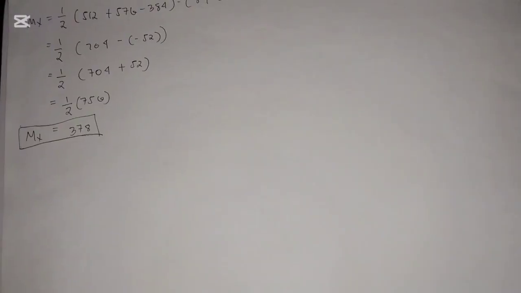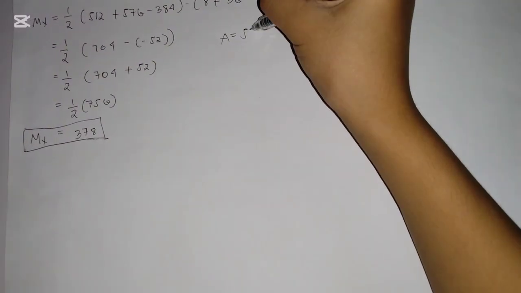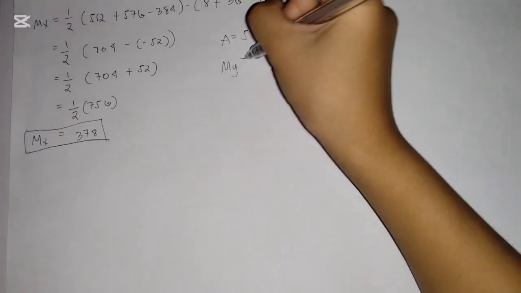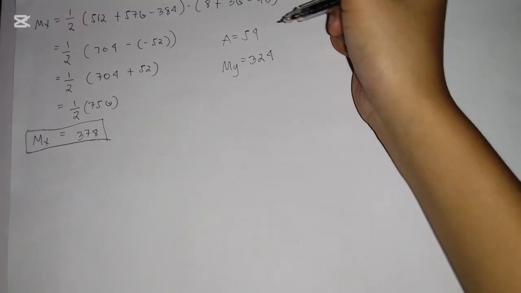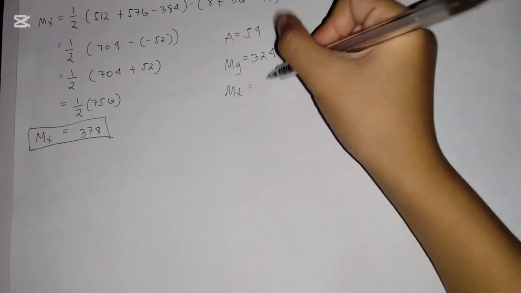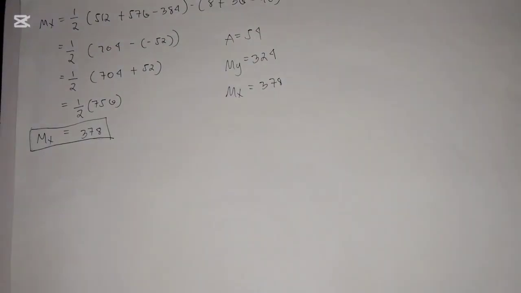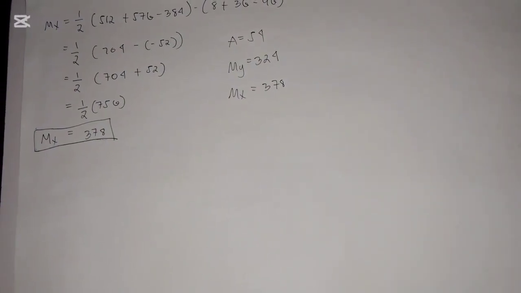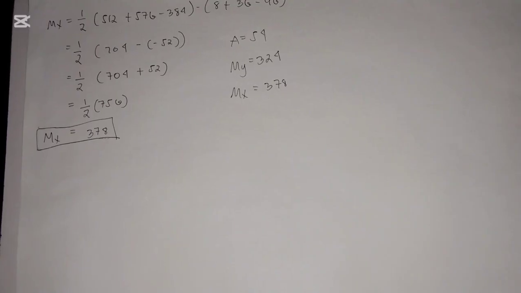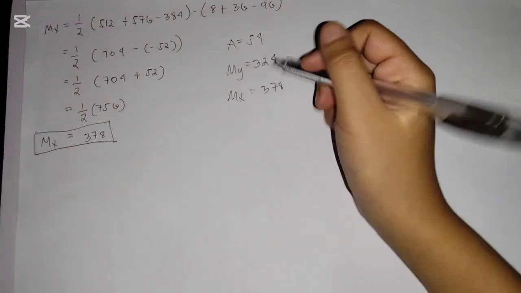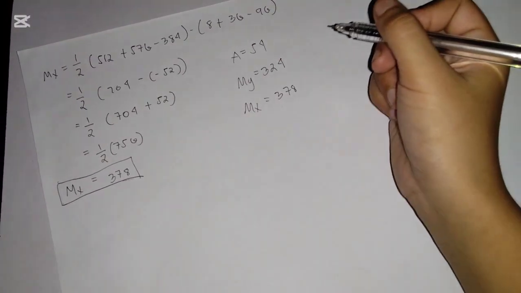So gathering all the answers, we have an area of 54, m sub y of 324, and m sub x of 378. Now the last part is to identify the centroid of the region, and to do so we have to use this formula in finding x and y.